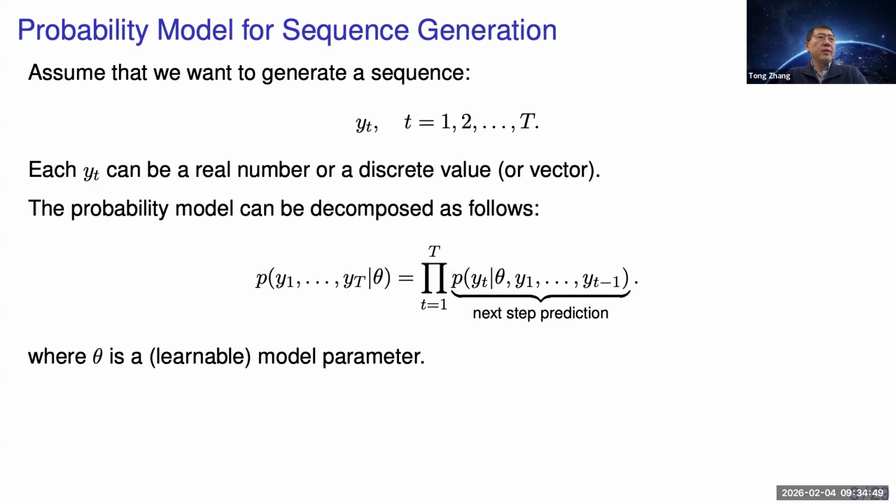Basically, each symbol, especially in the case of text generation, is a token, right? So you generate one token at a time, or one step at a time. The notation really says: given my model theta and the previously generated tokens up to t minus 1, I will generate t. We start generating from t equals 1, t equals 2, t equals 3, and so on. Just generate that one at a time. So that's essential.